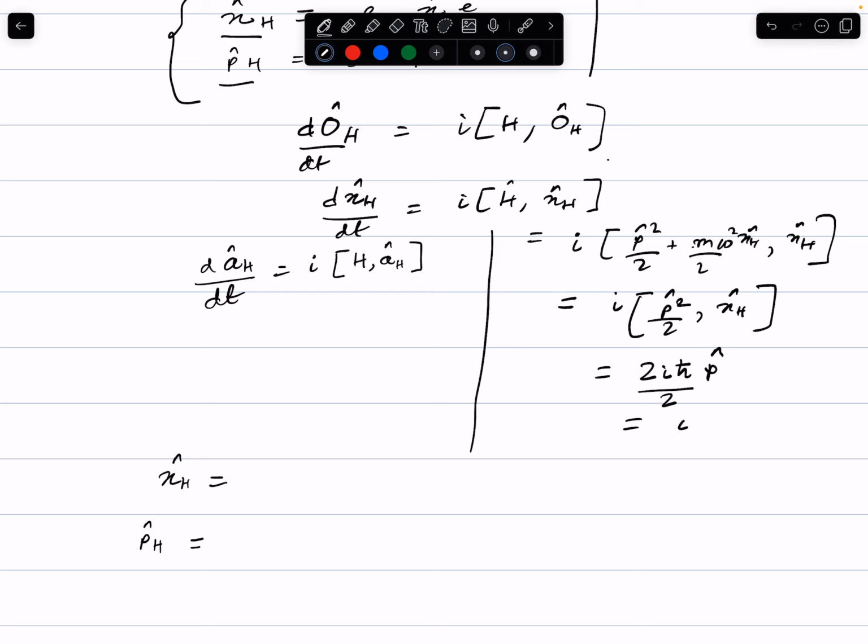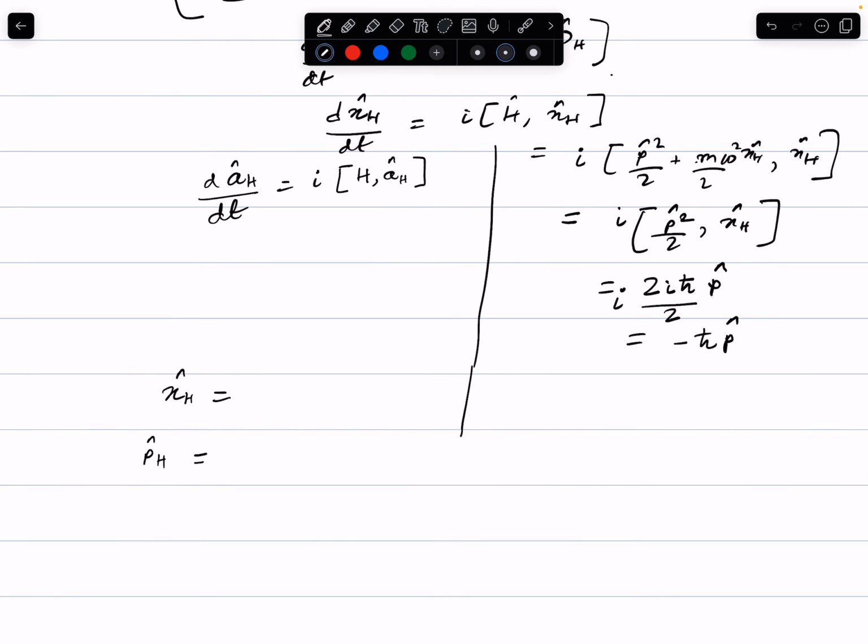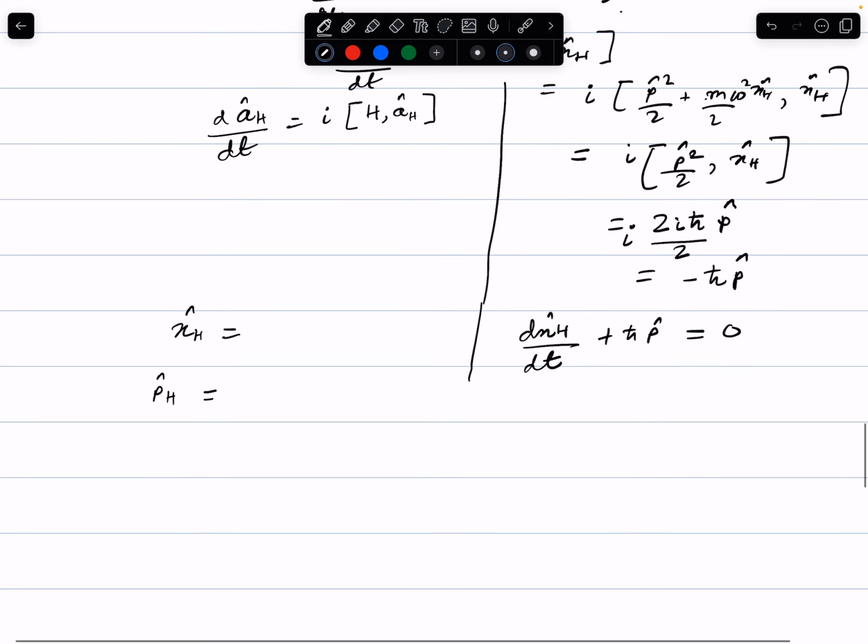So this is i H bar P. There's one more i outside of it, and so this is minus H bar P. So this is dx_H/dt plus H bar P equals 0, and similarly dp/dt will have a similar equation, right?